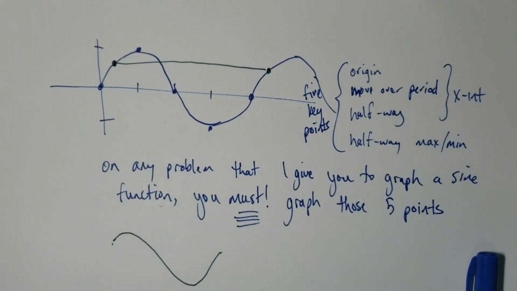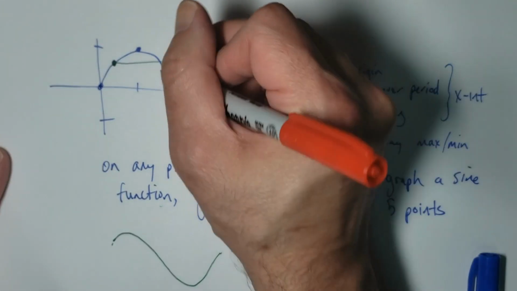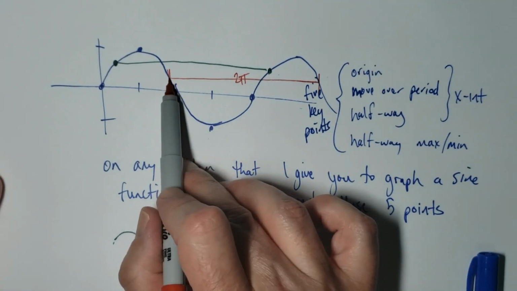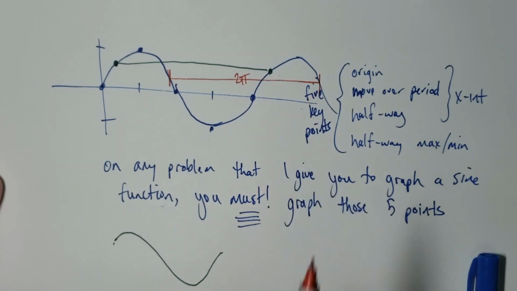The period can actually start at any point, the period is just a distance. It's just saying that this distance is 2 pi. So 2 pi past this point is going to be the same y coordinate. It's going to start repeating the graph.